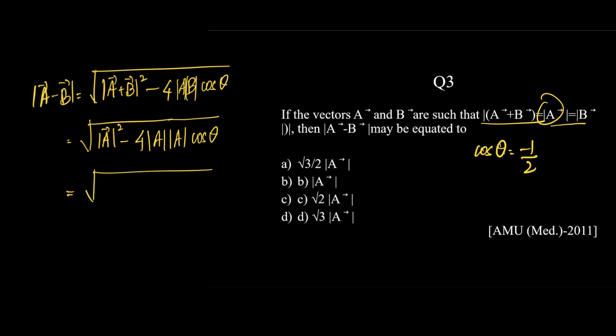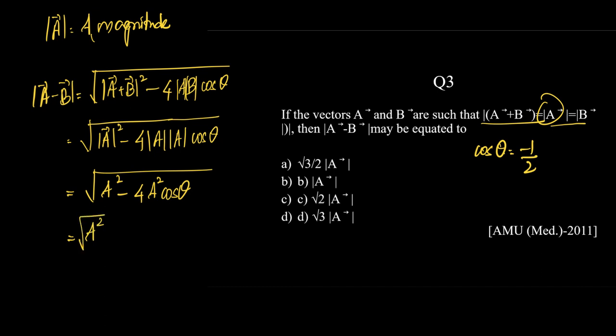So this is further equal to root of mod. Let us now say what is mod of vector a. So mod of vector a is a, which is its magnitude. So this will be a square minus 4a square into cos theta. If we take out a square common, root of a square into 1 minus 4. What is cos theta?